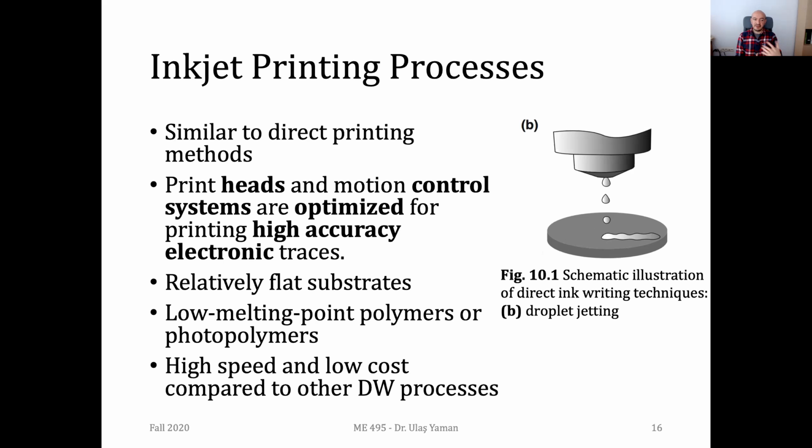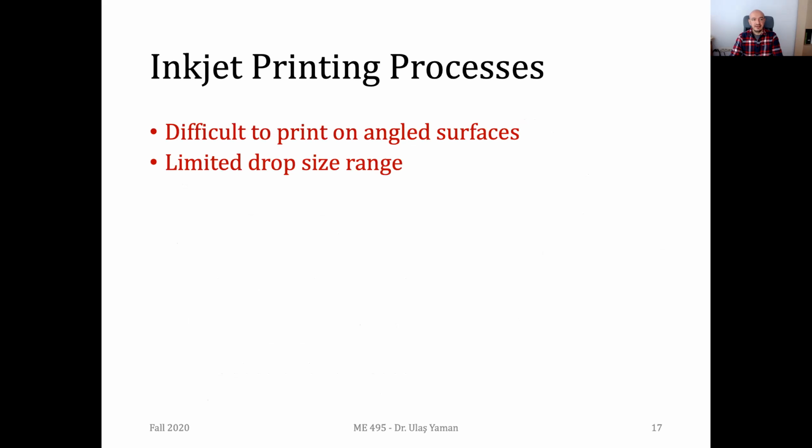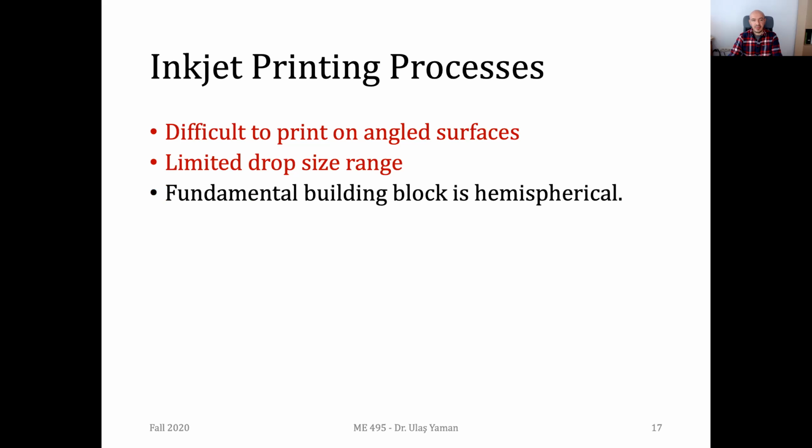For instance, if you compare with the atomic force type of printing, we have a highly complicated, costly head, but in this one, the head is not that expensive. And the problems are that it's quite difficult to print, as I mentioned, on conformal or angled surfaces, and we cannot have larger drop sizes in this machine.